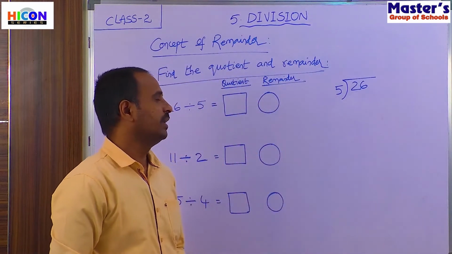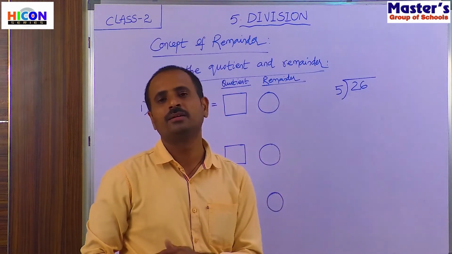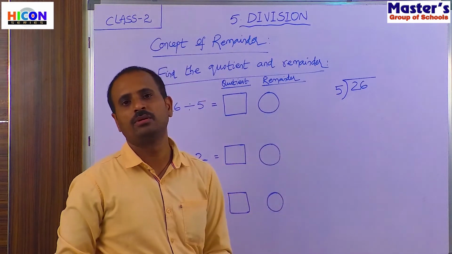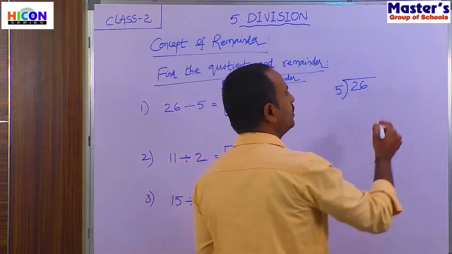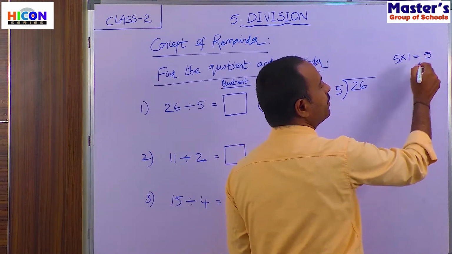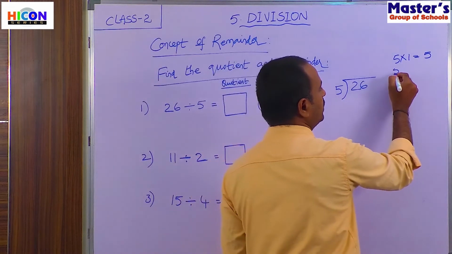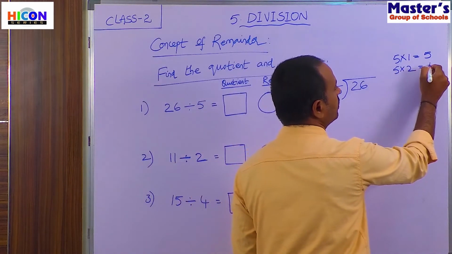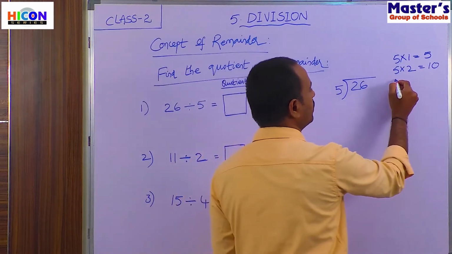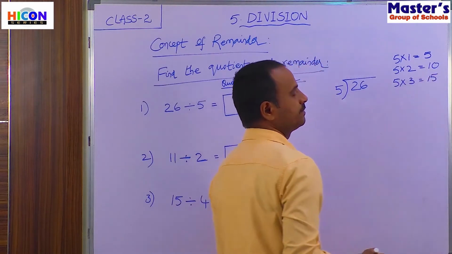So now we have to divide the number 26 by 5. That means let us find when the number 26 comes in the 5th table. So let us see the 5th table. If you take 1 time, 5 ones are 5. If you take 2 times, 5 twos are 10. Take 3 times, 5 threes are 15.